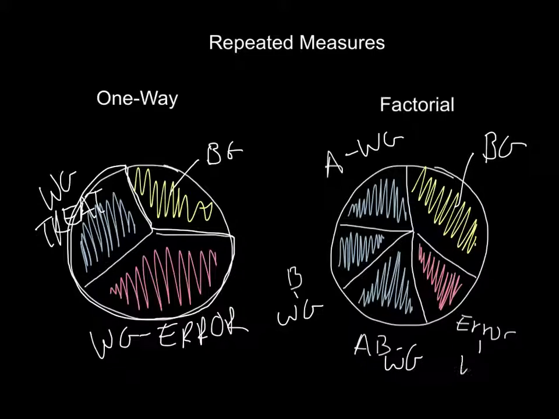And then my error is also within groups. So my F ratios for my factorial repeated measures ANOVA will be my A within groups over my error within groups, my B within groups over my error within groups, and then my interaction will be my AB within groups over my error within groups.